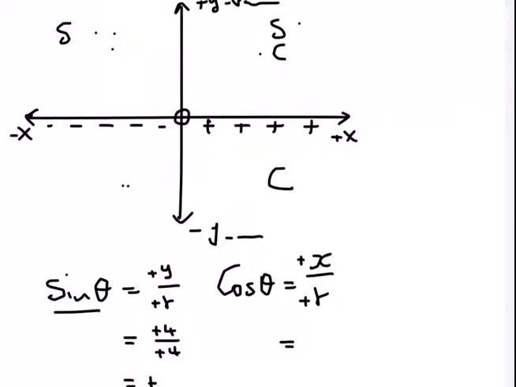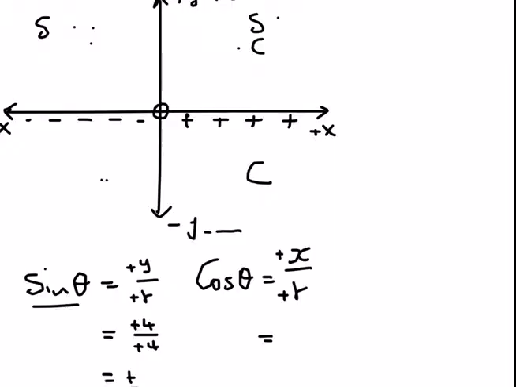Okay, so now let us jump on to tan and say in which quadrant are we having tan of an angle being positive. So tan, we know it is y over x. So we will be looking for where the ratio gives us a positive.